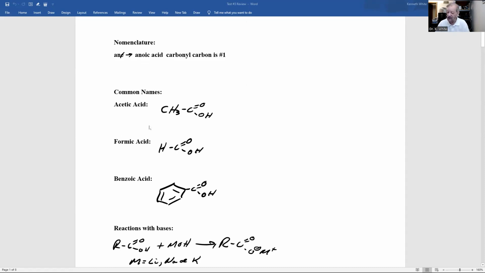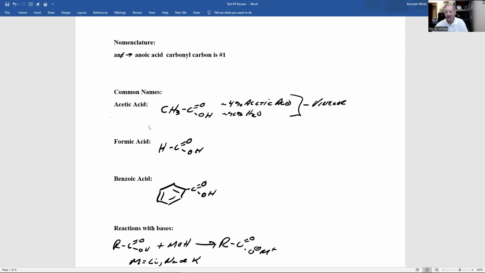And 4% acetic acid, approximately, and about 96% water, we call that product vinegar.